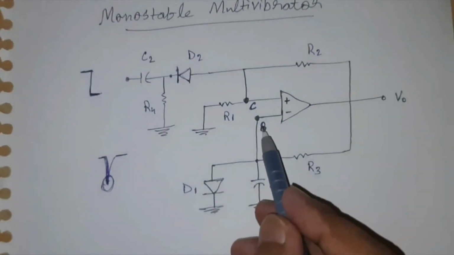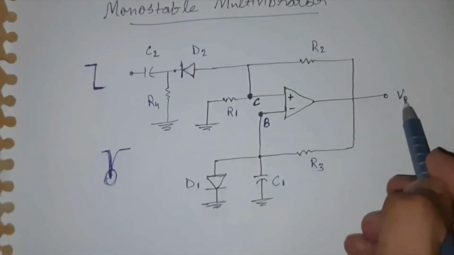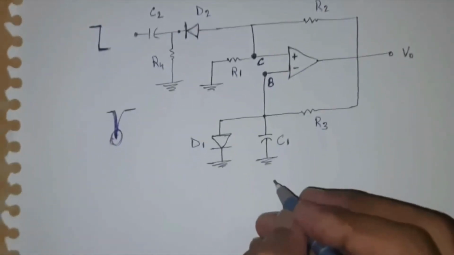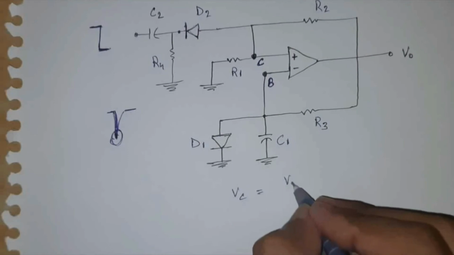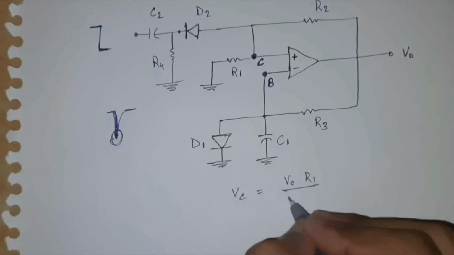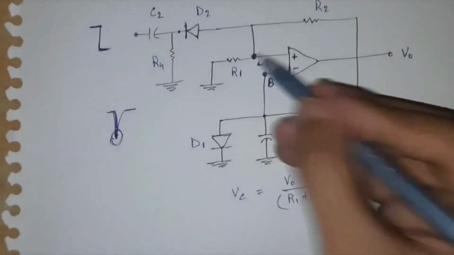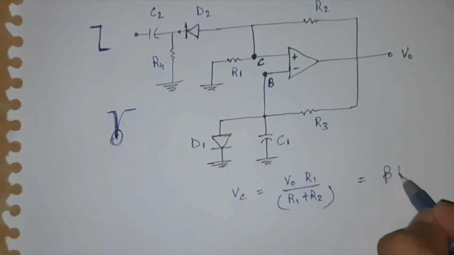Now we have to see what is the effect on the output voltage here. So by the voltage division rule, Vc will be given as V out into R1 upon R1 plus R2, and let us consider it to be beta V0 or beta V out.